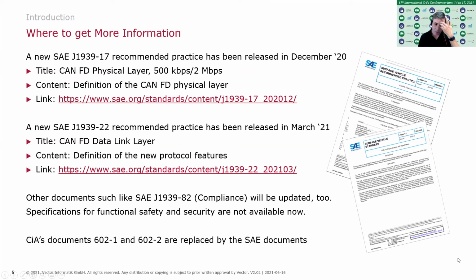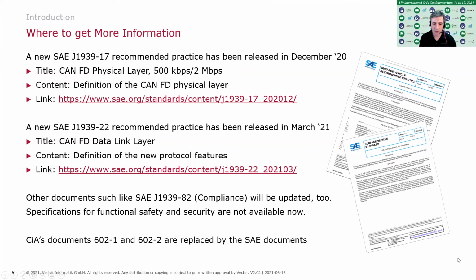And then finally, if you are a really early follower of these activities, you may know that CiA published documents about CAN FD and J1939 a couple of years back. And those documents, the 602-1 and 602-2, are now replaced. So CiA will withdraw these documents, and the only documents that are left now are the document -17 and -22 coming from the SAE.